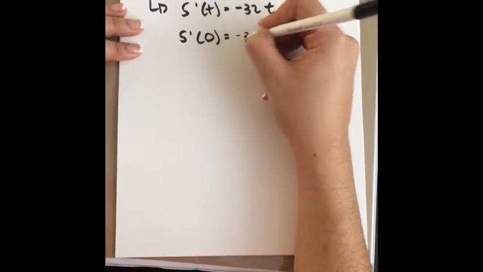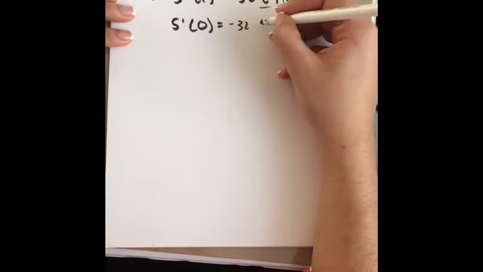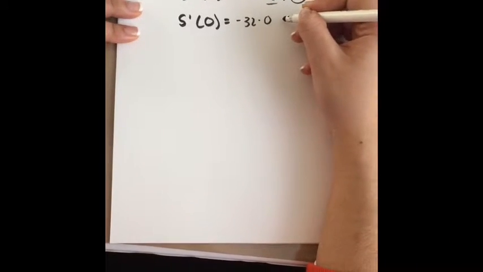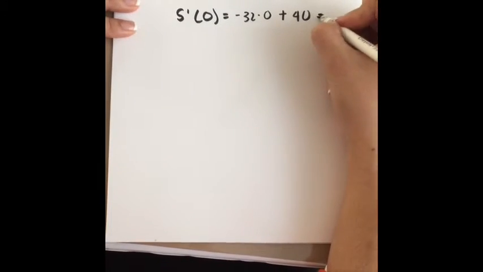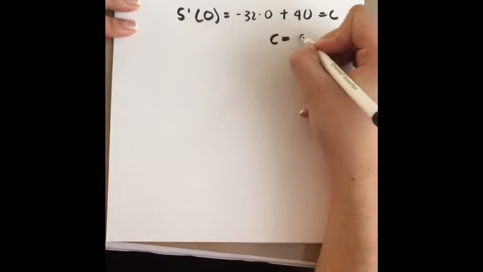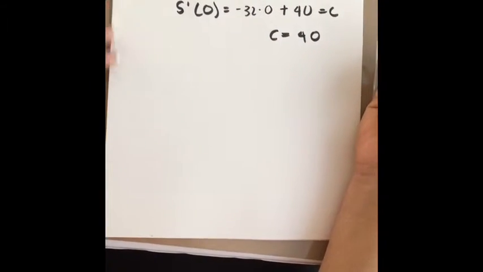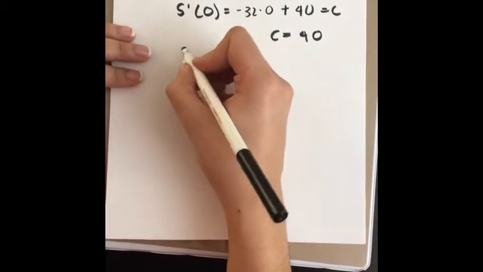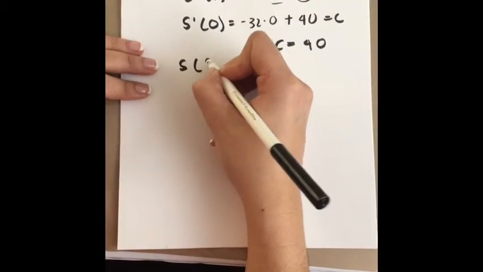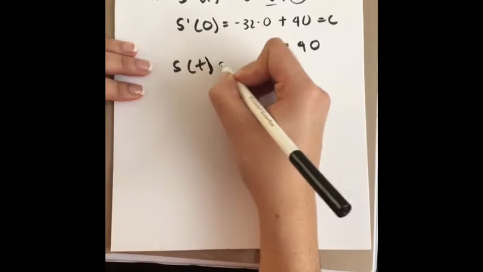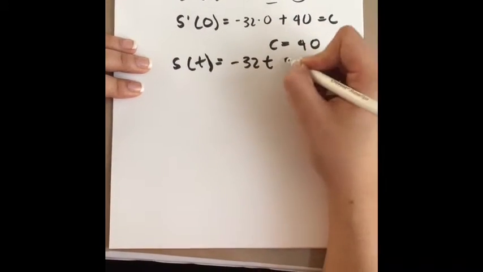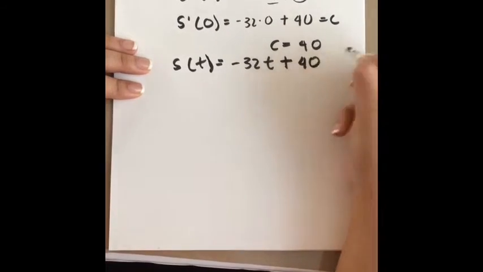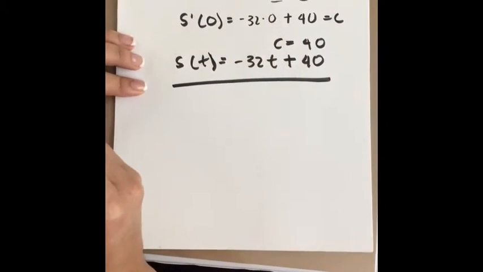So minus 32 times 0 plus 40 equals c. This means that c equals 40. So now we can substitute our values: s'(t) equals minus 32 t plus 40. And this is our formula.